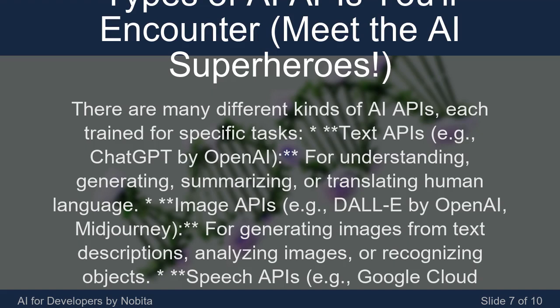Speech APIs, e.g., Google Cloud Speech to Text, for converting spoken words into text or text into natural-sounding speech. Vision APIs, e.g., Amazon Rekognition, for detecting faces, objects, or activities in images and videos. Recommendation APIs, e.g., Netflix's recommendation engine, for suggesting products, movies, or content based on user preferences. All accessible with a few lines of code.